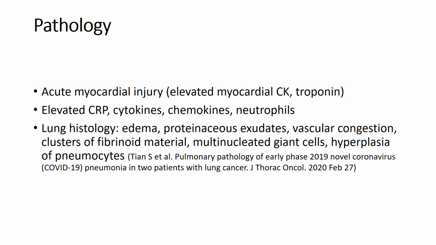There's indications of rampant inflammation that happens in the lungs, which is the basis for the flooding of the lungs that happens. It's called an inflammatory storm or cytokine storm. These are just the chemicals that are involved in that. Neutrophils are cells that are a signal that inflammation is going on.